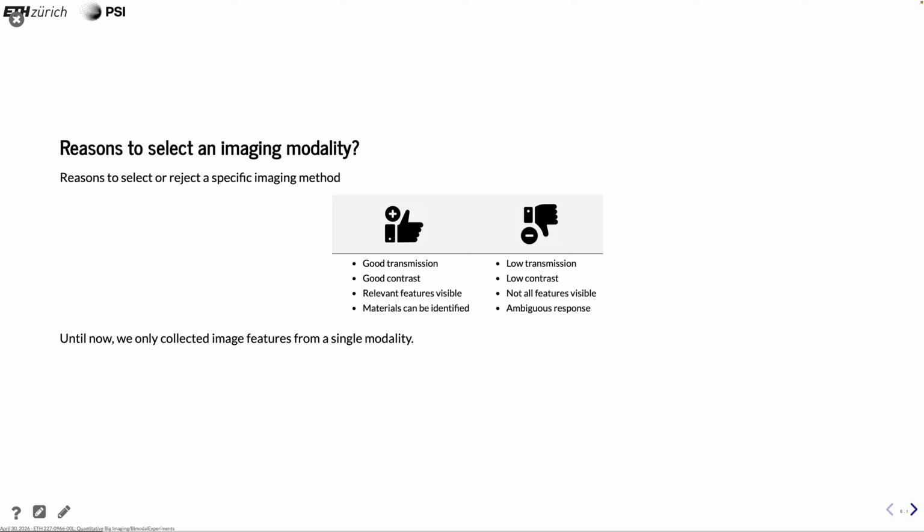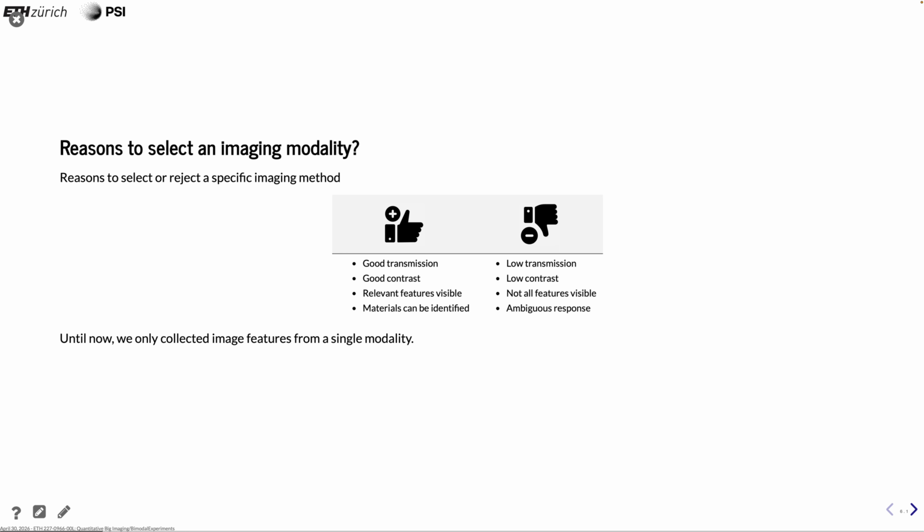You also should have good contrast, so you can see the difference between different features in the image. And with that also, ideally, materials or different structures can be well identified.